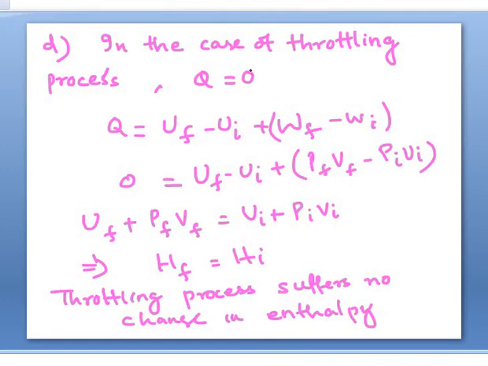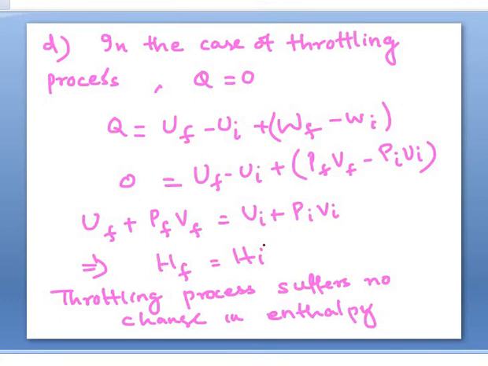Since the heat exchanged is 0, you write 0 is equal to Uf minus Ui plus PfVf minus PiVi, because we know work done is PdV. Once you do that, you will get Uf plus PfVf is equal to Ui plus PiVi.